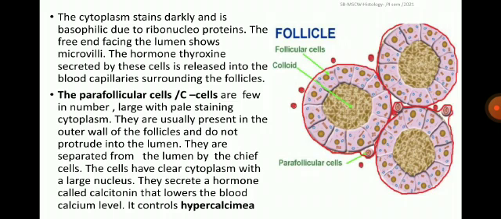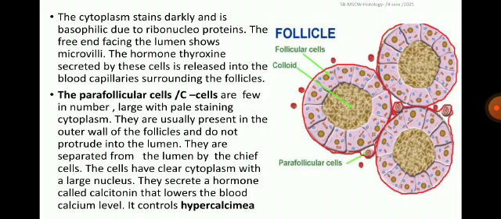So the second type of cells which are present in the follicle is the parafollicular cells. They are also called C cells. These are another population of endocrine cells. These are also found in the thyroid gland. They produce calcitonin, which is a polypeptide hormone.